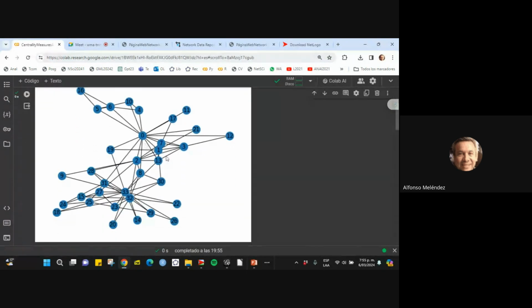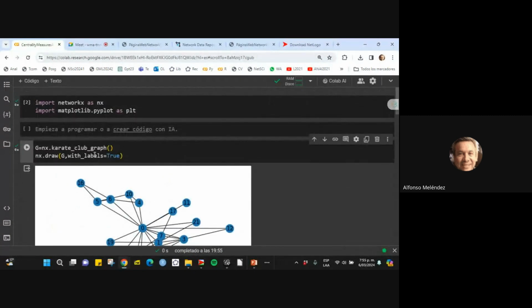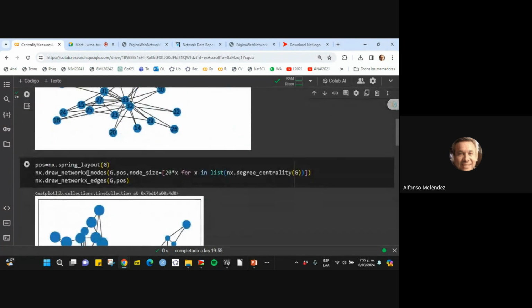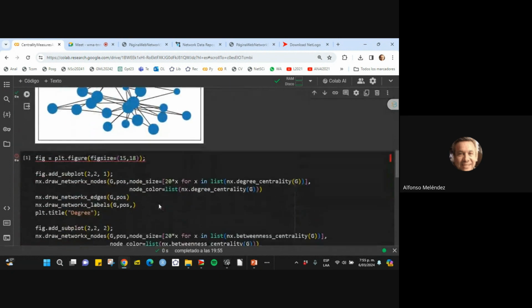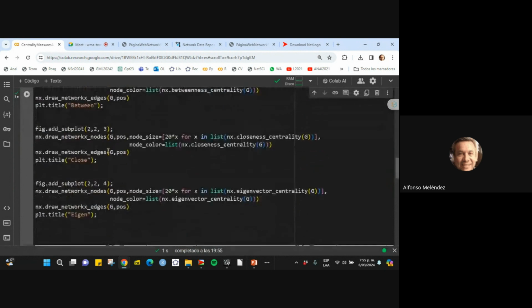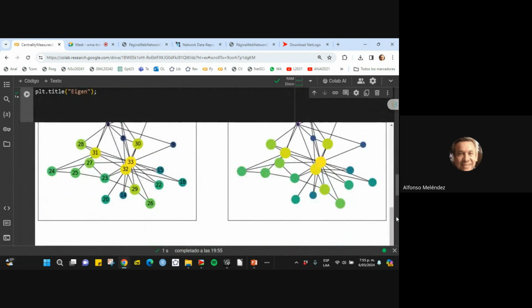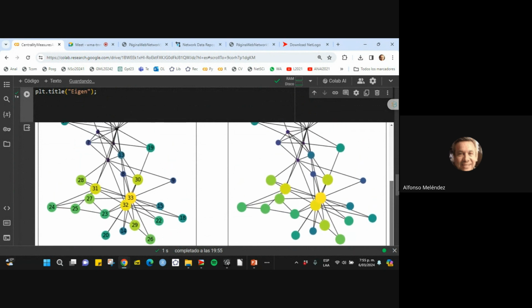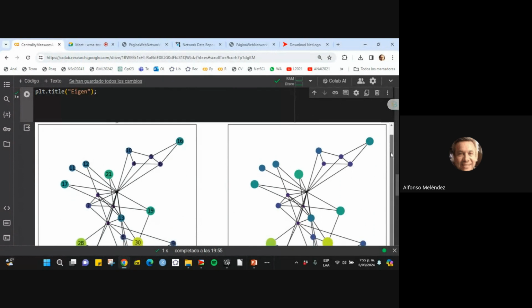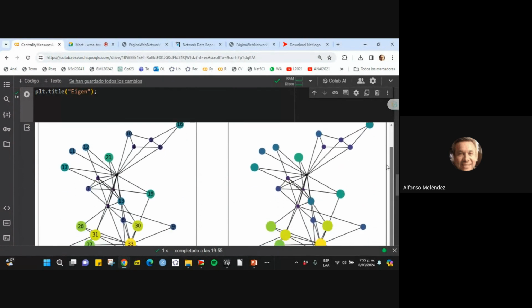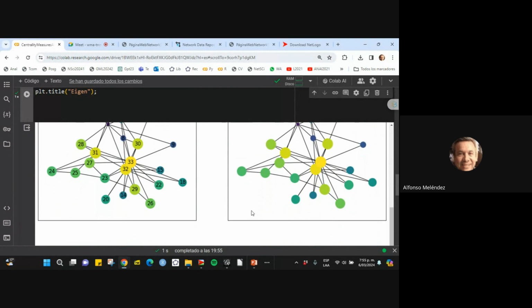It's called the Karate Club Network. It's in the library of NetworkX. It's a standard network. You could visualize it. And here you could see the different centralities of the network: the degree centrality, the betweenness centrality.